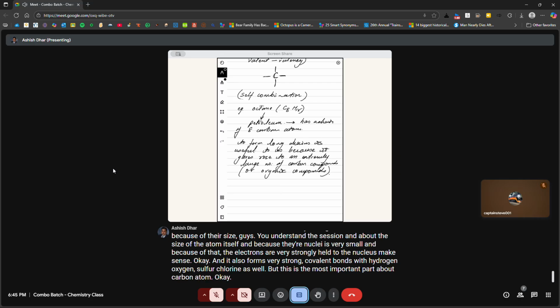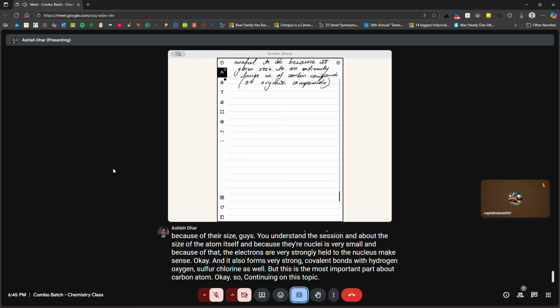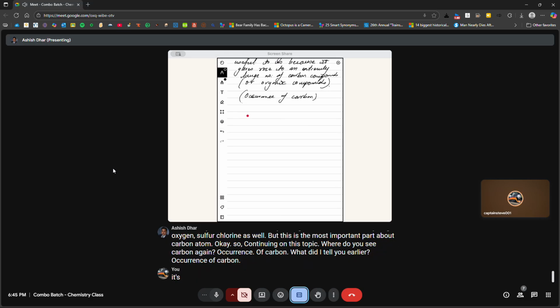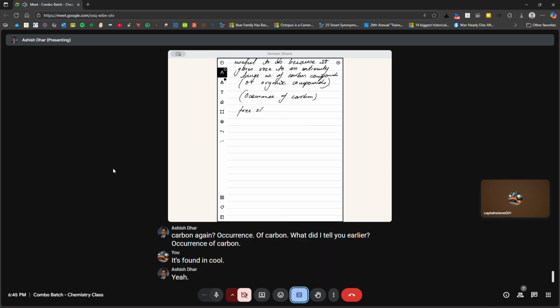Okay. So continuing on this topic, where do you see carbon again? Occurrence of carbon. What did I tell you earlier? Occurrence of carbon. Yeah. In the free state. Free state is number one.